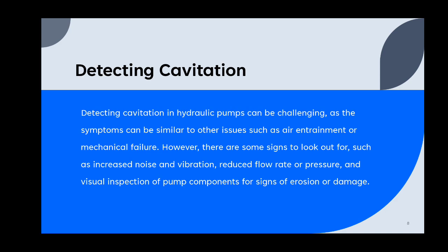Coming to the detection of cavitation, it is much more important than preventing cavitation, because the detection of cavitation involves the causes of cavitation as well as the location of cavitation.